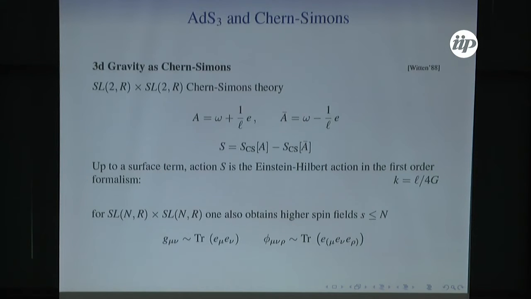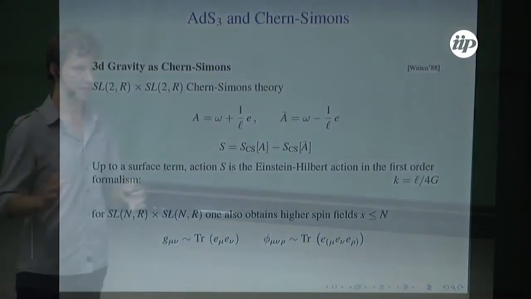If I identify E and omega with the vielbein and the spin connection respectively, this is the connection between the coupling constant of Chern-Simons and the gravity parameters. So k must be c over 6 in this correspondence.